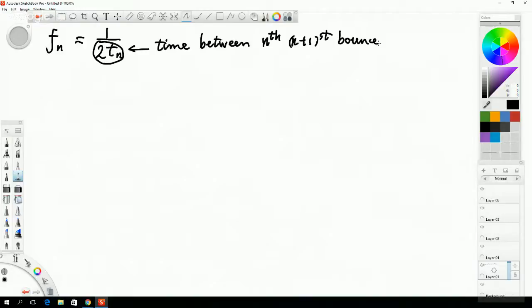So we calculated earlier that tn was equal to alpha to the n over 2 t naught, where of course t naught was, let me just remind you here, the square root of 2h naught over g.